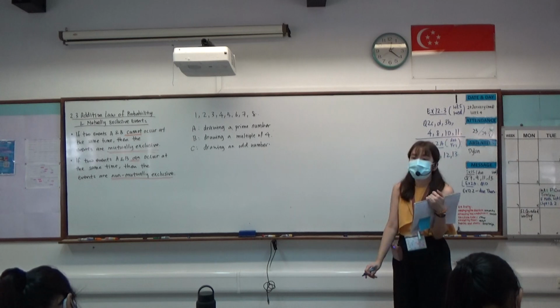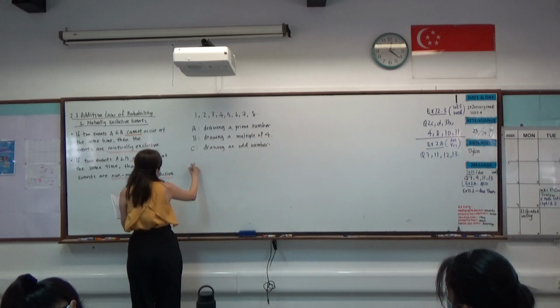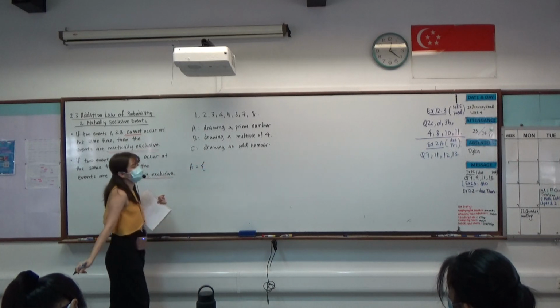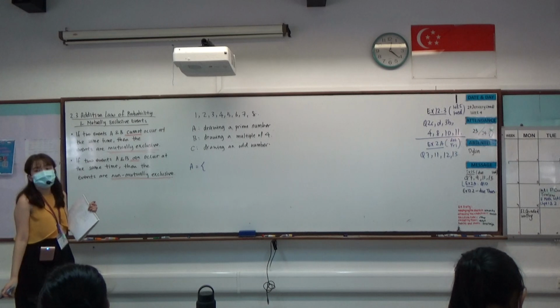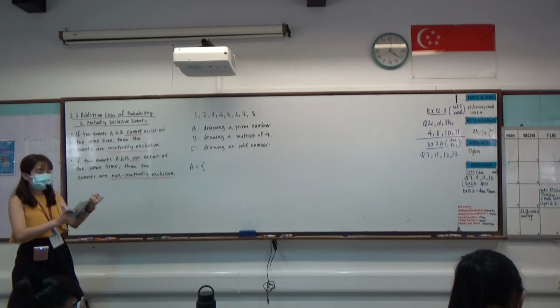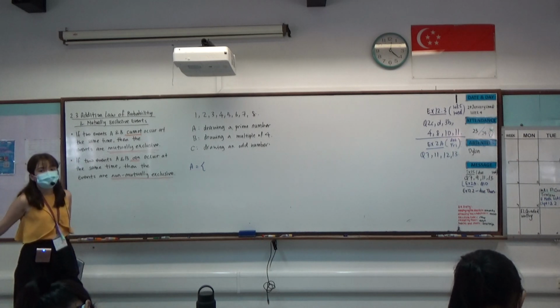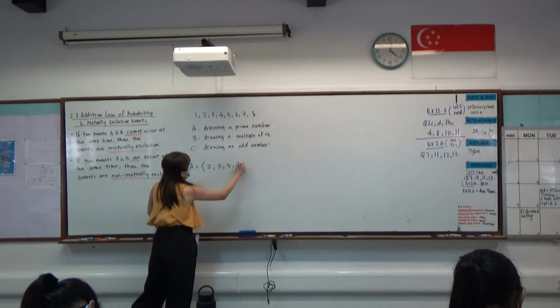If we look at the cards that are found in the event A itself, let me just write it in a set. Can you tell me what are the prime numbers that satisfy the event A? Kajia, what do you think? 2, 3, 5, 7.